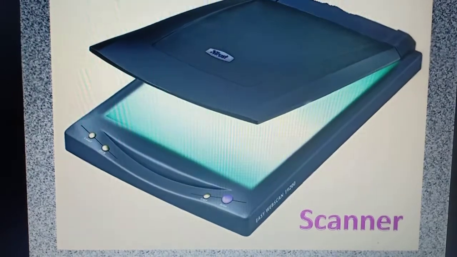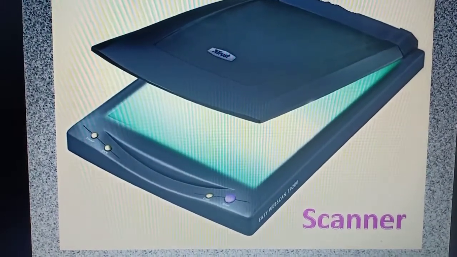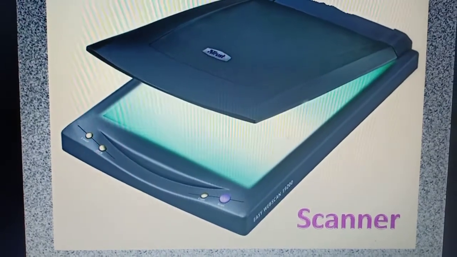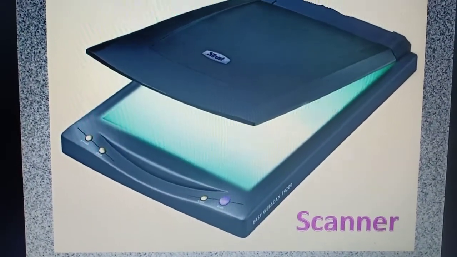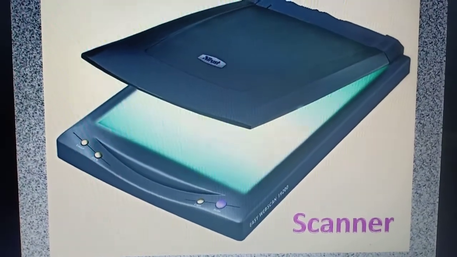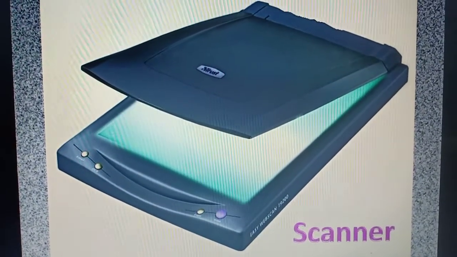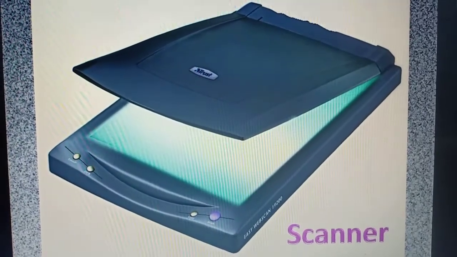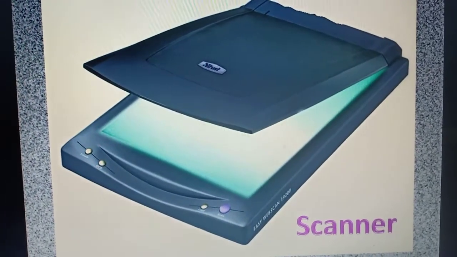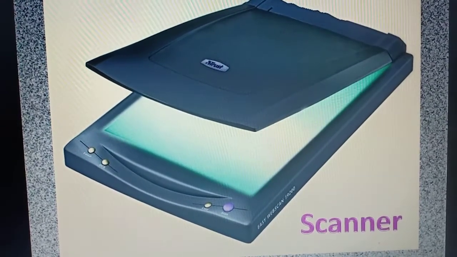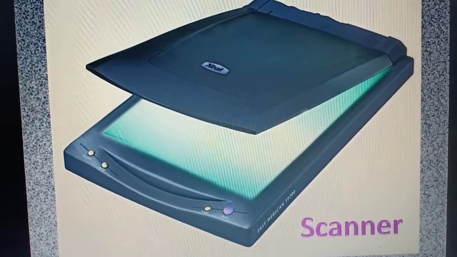First it reads the picture or text and copies it inside the computer, from paper to computer. The text and pictures can be stored in the computer for later use.